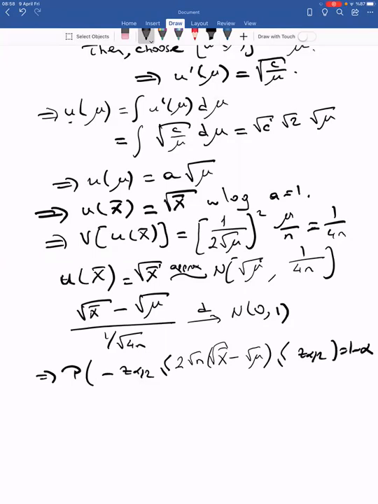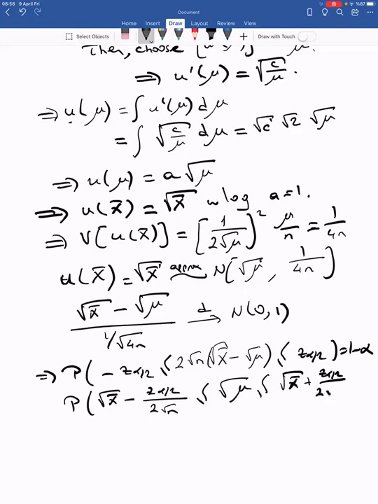Then keeping the square root of mu alone, we get the square root of x bar minus z alpha over 2 over 2 square root of n, less than the square root of mu, less than the square root of x bar plus z alpha over 2 over 2 square root of n.